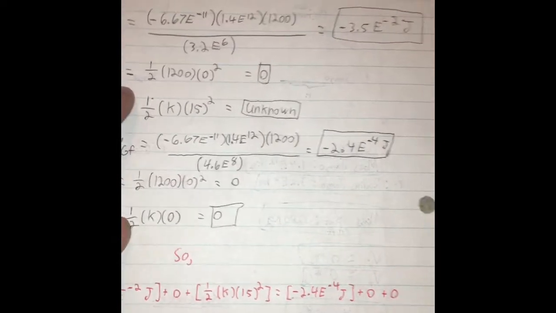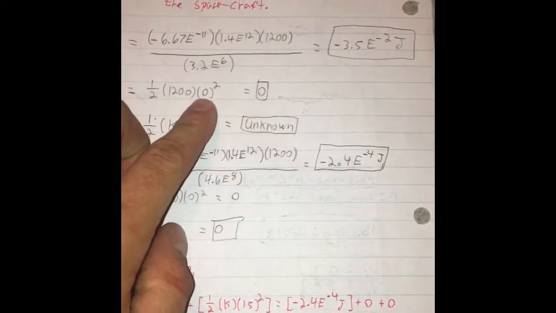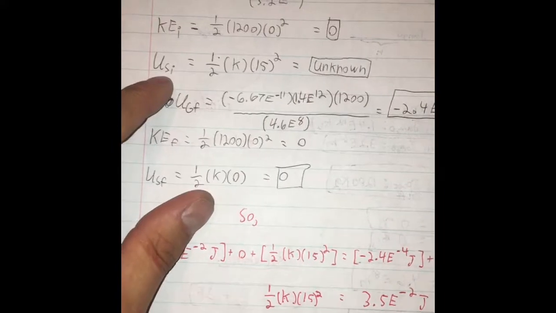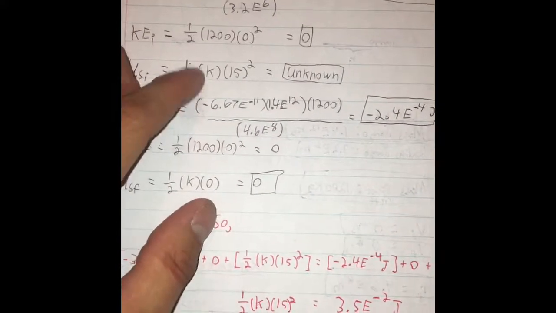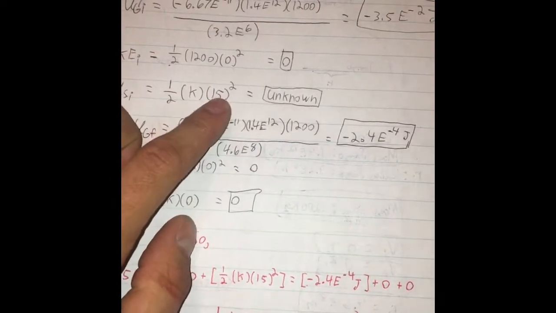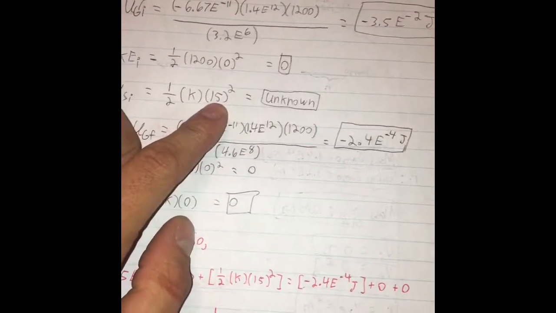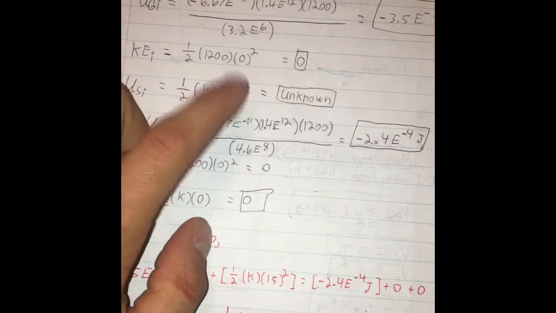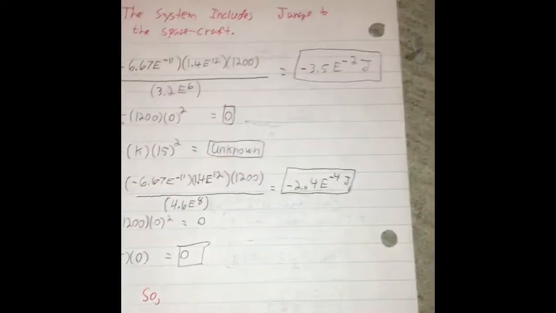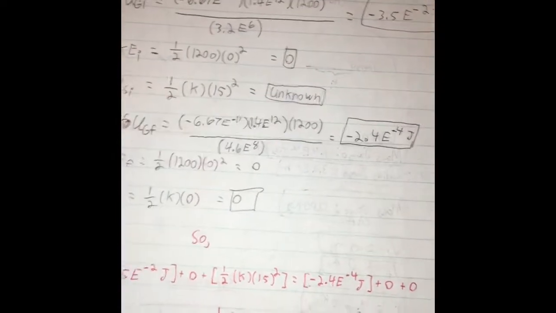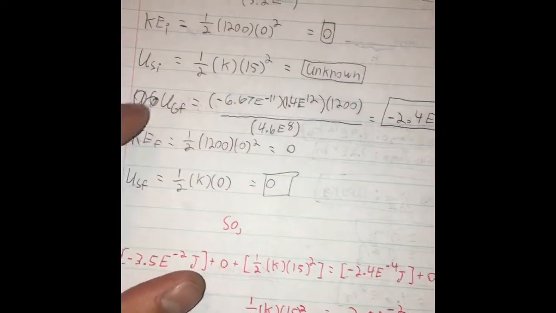Our kinetic energy is going to be 0 because we have an initial velocity of 0. Our potential energy for our spring is going to initially be 1/2 times the constant K times the stretch of the spring. In this case it's compressed 15 meters, so that's going to be squared. And we don't know that yet because we do not know K. So this is our variable we're looking for in this problem.